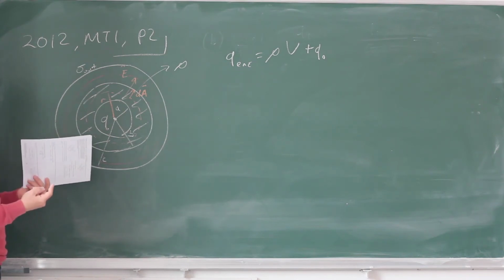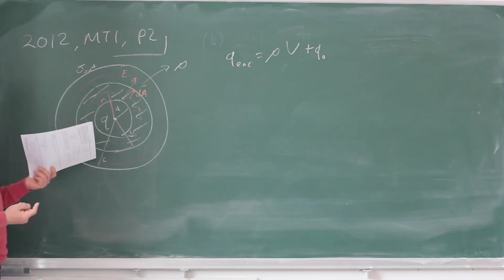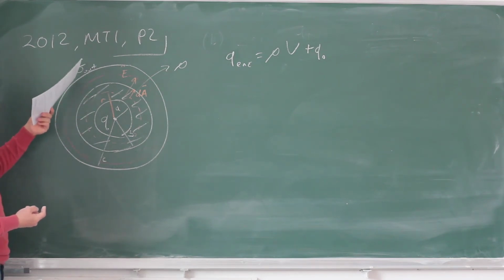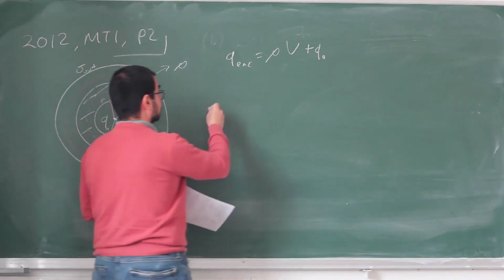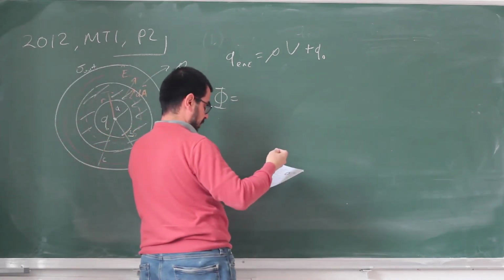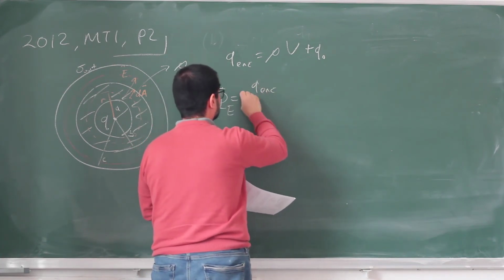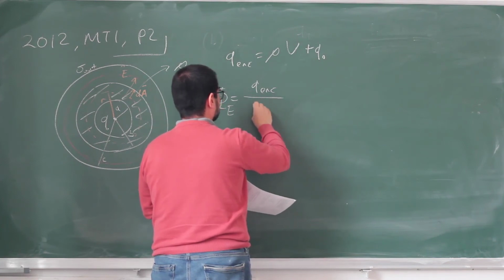And there's a mathematical ambiguity. So if this is actually inside, then it's 0, okay? If this is outside, then the electric flux is going to be Q enclosed divided by epsilon naught.